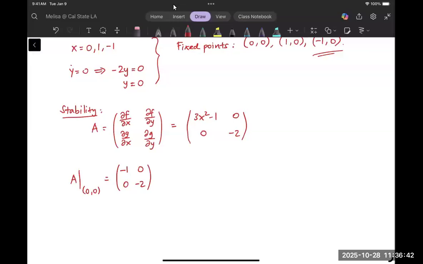Can you see it quickly? Minus 1, minus 2. You can take advantage that your matrix A here is a diagonal matrix. In fact, for triangular matrices, either upper triangular or lower triangular, you can just read the eigenvalues off the main diagonal entries. So here, this is a diagonal matrix.